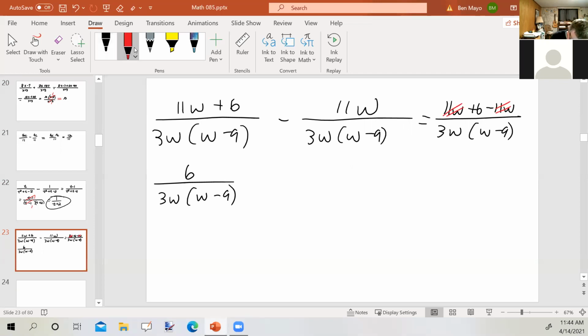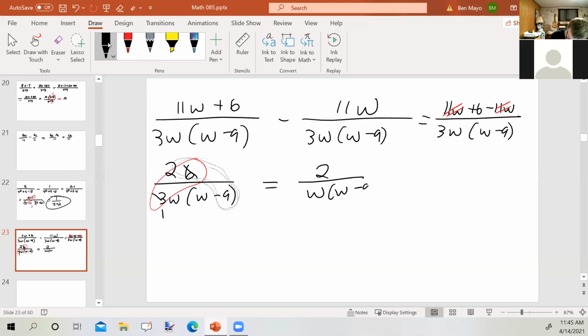My point being this, I could reduce these two, but I could not reduce those two. Okay, because that 3 in the denominator is a factor, but the minus 9 is not. So 6 over 3 is 2 over 1. I've got 2 over w times w minus 9. All righty.